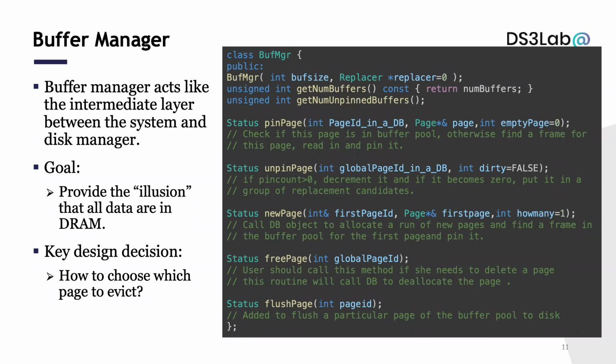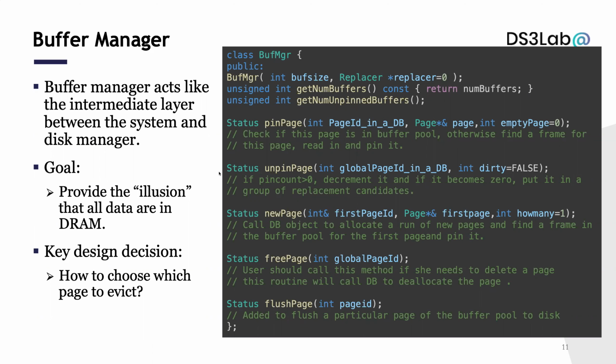So this is one example interface of a very simple buffer manager, right? And we can go through this one by one, right? Like what methods does this buffer manager provide? For example, it can return how many buffers I have and how many pages are already occupied in my buffer. And the upper layer can talk to the buffer manager to say, okay, I want you to pin a page, which means I need you to bring one page from the hard drive to the buffer and return it to me.